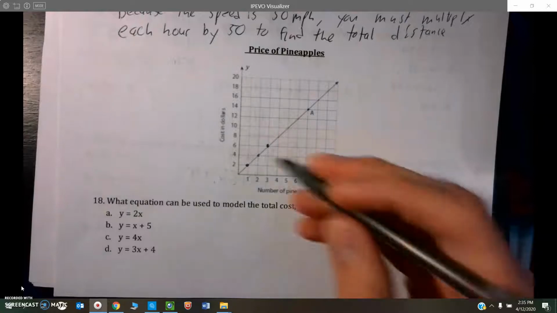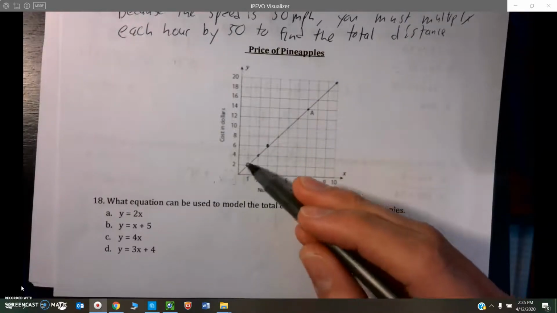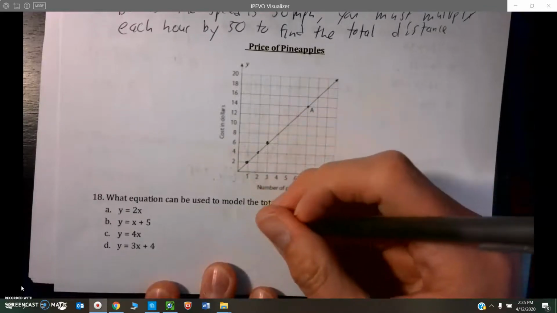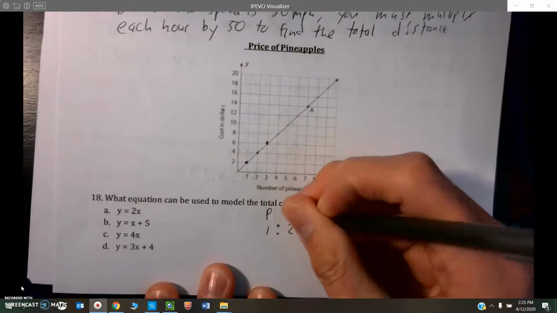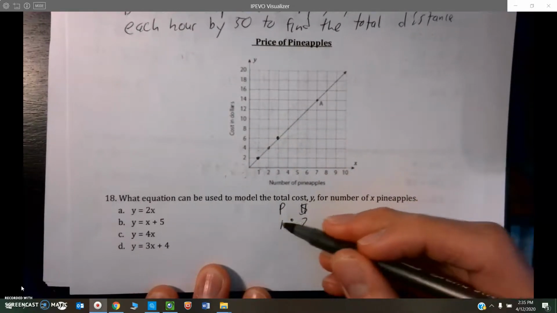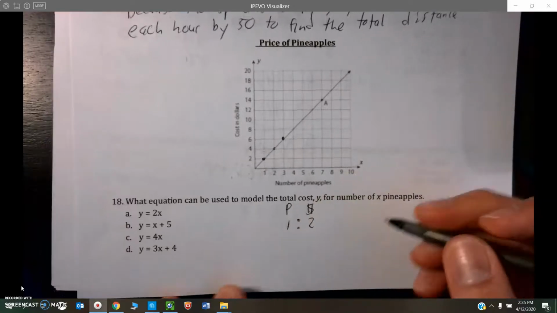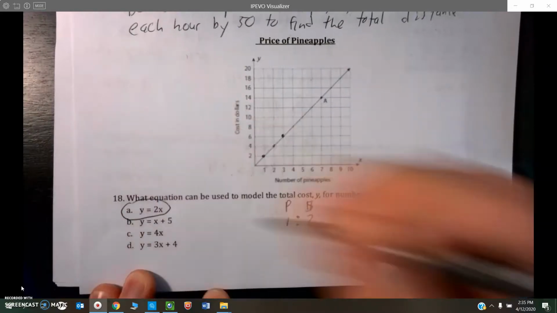So, once again, I'm taking the number of pineapples. I can see, let's make a unit rate. 1 pineapple is $2. So for each pineapple, that means I have to multiply by 2 to find the price. So the only equation that works here is 2x.